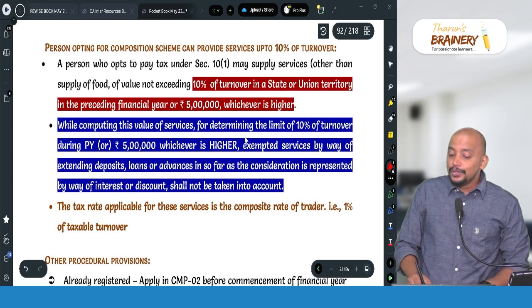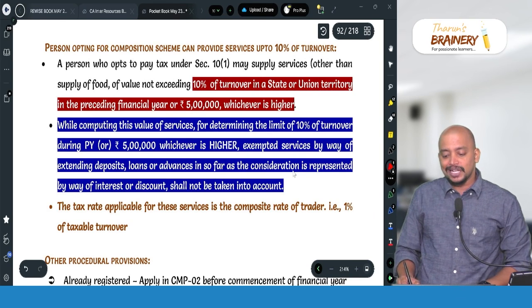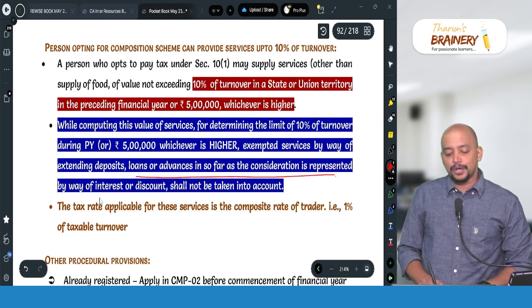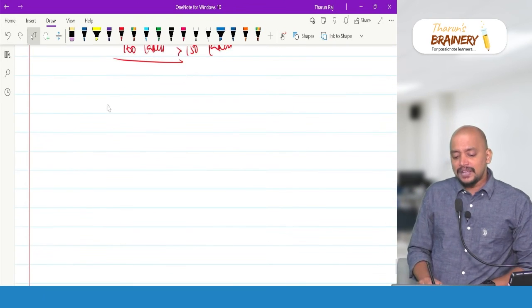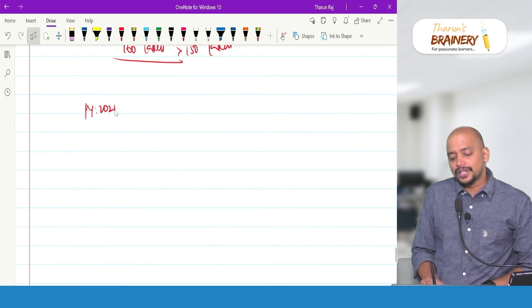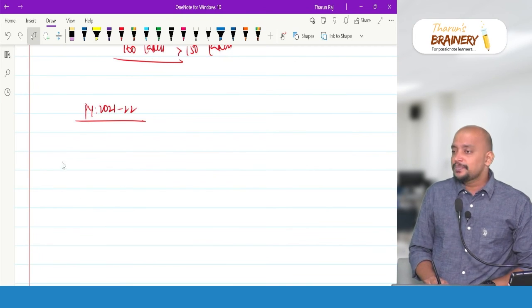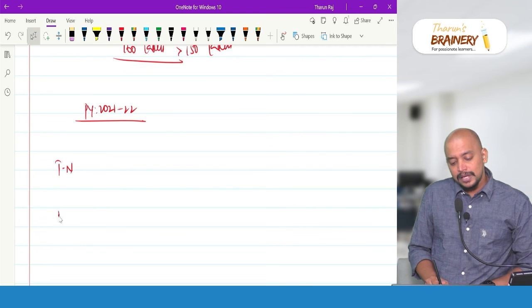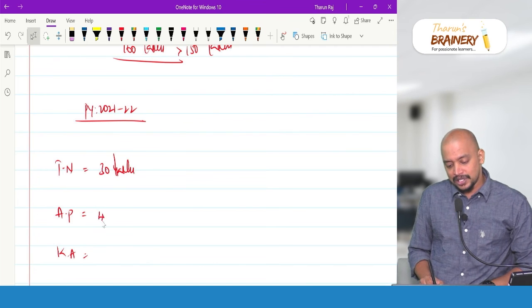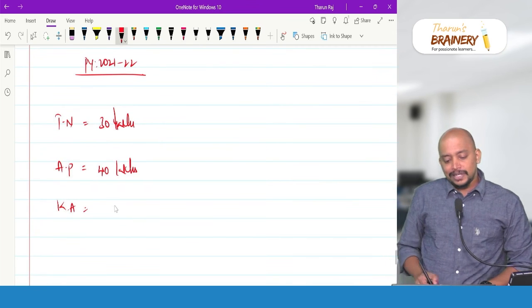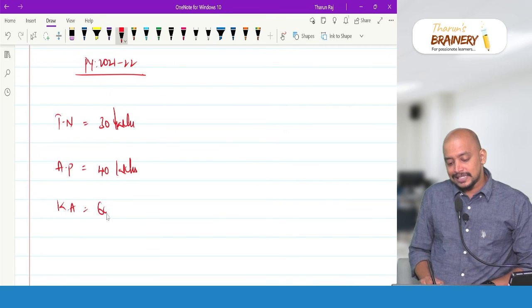And while computing this 10% limit also, we should not take interest on loans, advances, deposits. So what does it mean? Say, for example, previous year 2021-22, I am having business in 3 states, Tamil Nadu, Andhra Pradesh and Karnataka, and my turnover in Tamil Nadu is 30 lakhs and turnover in Andhra Pradesh is 40 lakhs and turnover in Karnataka is 60 lakhs.